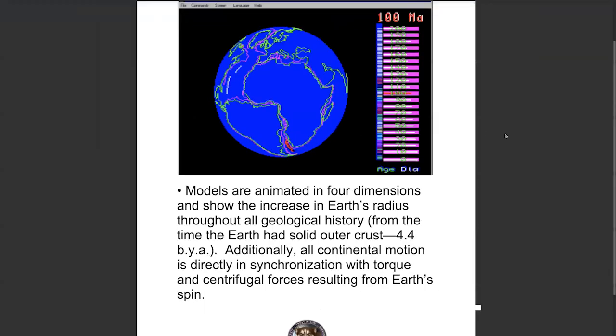Models are animated in 4 dimensions on the expanding Earth. This shows the increase in Earth's radius throughout all its geological history. Random drift accounts for only 4% of the time. The expanding Earth model accounts for all of it, from the time the Earth had a solid outer crust, 4.4 billion years ago.